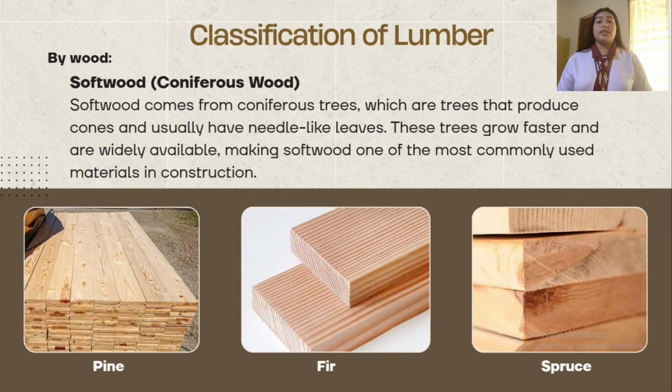Because of its availability and ease of use, softwood is often used for buildings, frames, walls, and other structural parts. Examples of softwood include pine, which is commonly used for furniture and construction, fir, which is used for structural work, and spruce, which is often used for light construction and wood products.